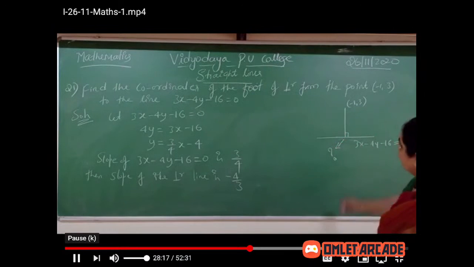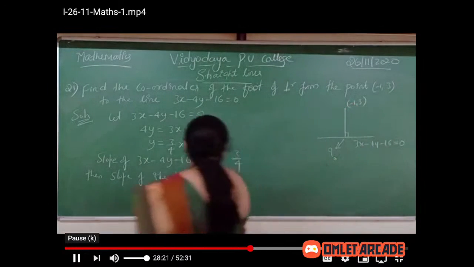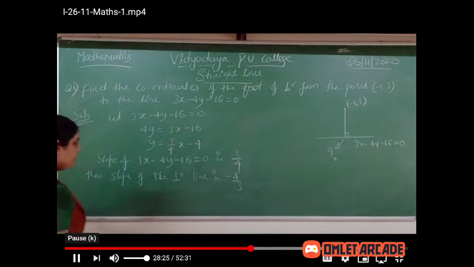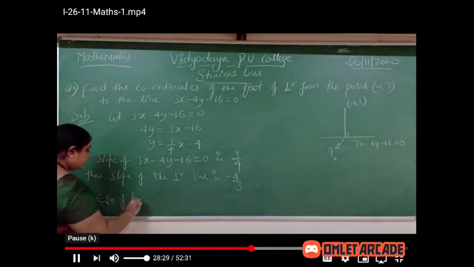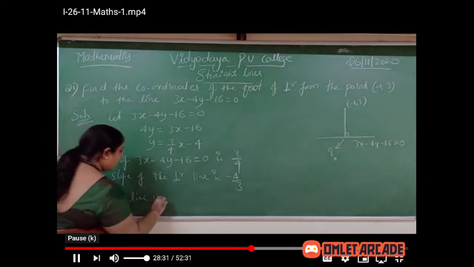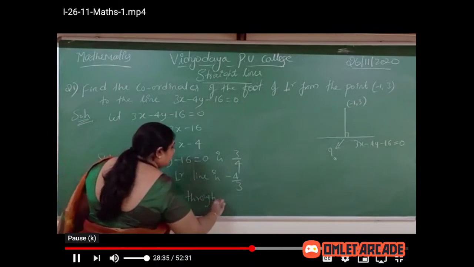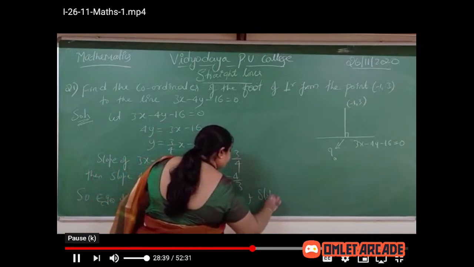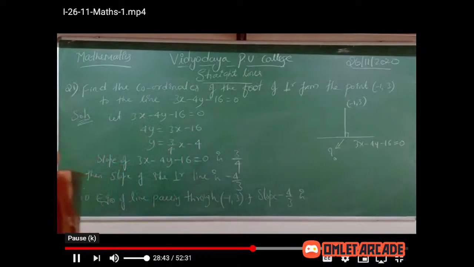So I am trying to find the equation of this line. So we have the slope of this line, and we have a point. We find the equation. So the equation of the line passing through the point (-1, 3) and slope minus 4 by 3 is, okay?